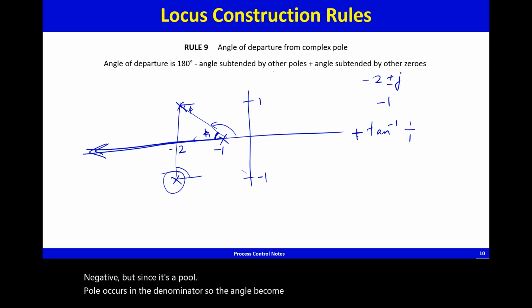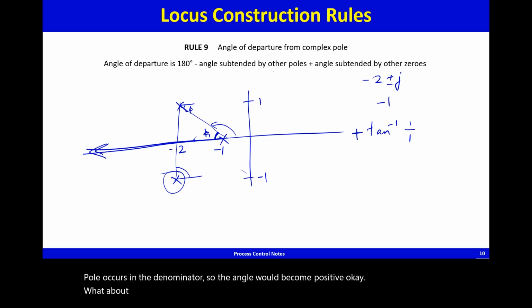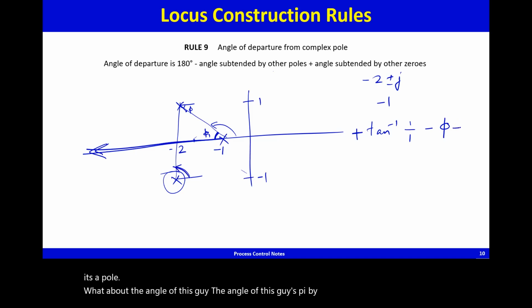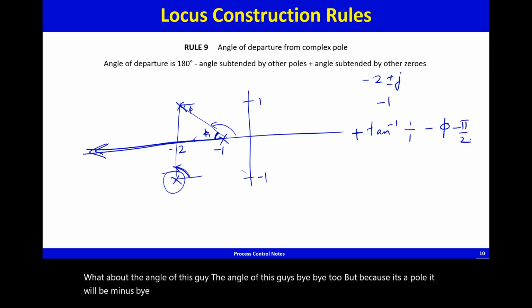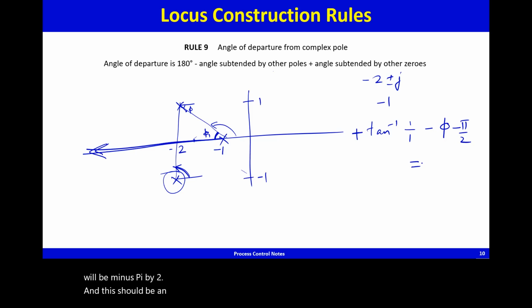Okay, what about the angle of this guy? This angle I don't know, so I will say that angle is minus phi because it's a pole. What about the angle of this guy? The angle of this guy is pi by 2, but because it's a pole it will be minus pi by 2, and this should be an odd multiple of pi.